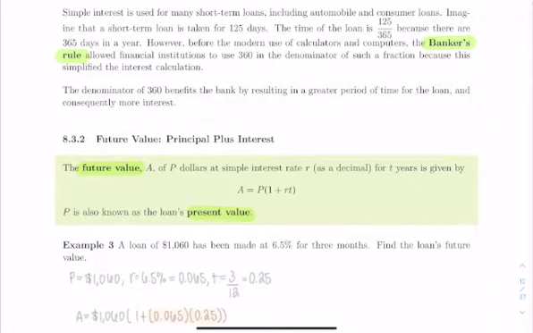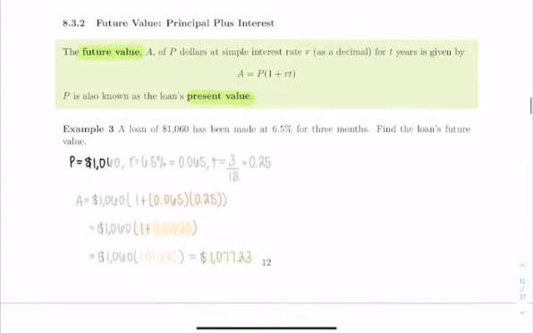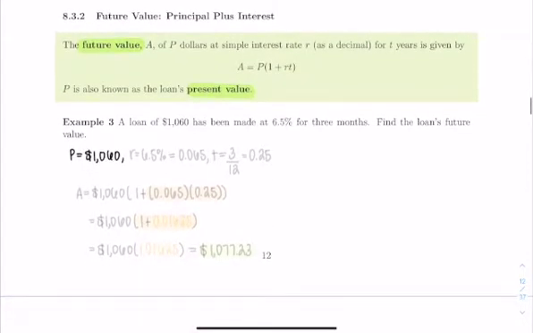Find the loan's future value. So my P is $1,060. My rate is 6.5%, or 0.065. And the time is a little tricky. It's 3 months.